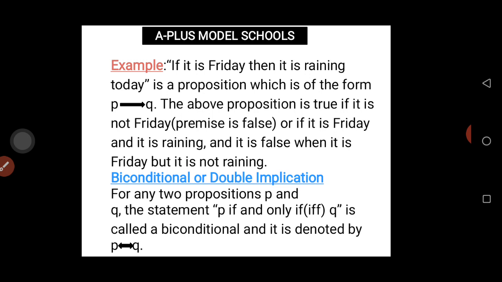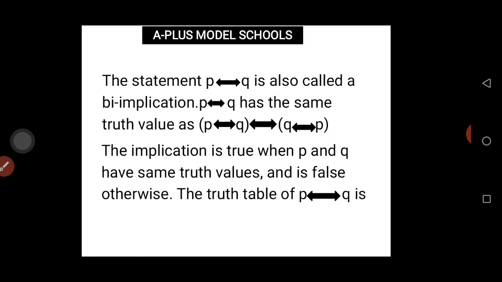That is P if and only if Q. The statement P if and only if Q is called a bi-implication, which is the opposite of implication.